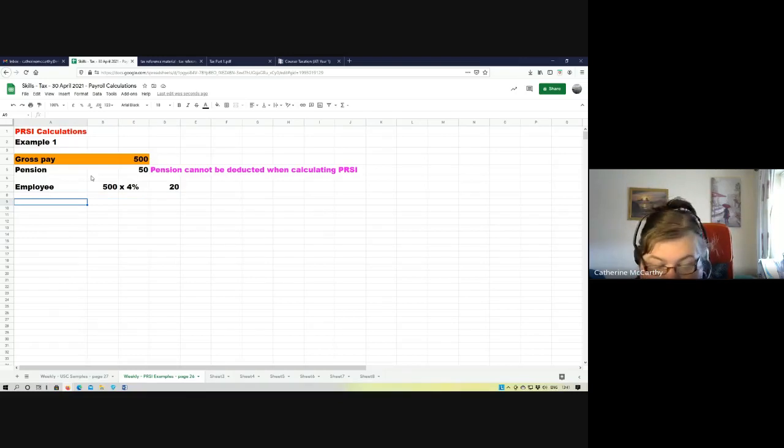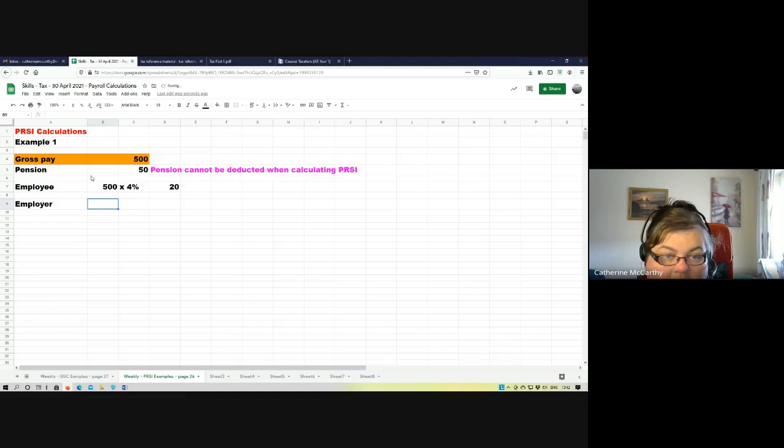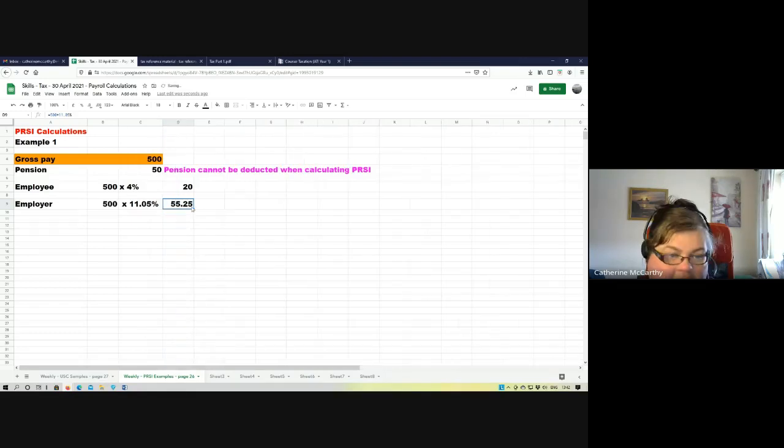And then just in case you're asked for the employer, again, you take the gross pay, you can't deduct any pension or anything. It's €500 by 11.05%, which is €55 and 25 cents. That'll be the employer's PRSI.